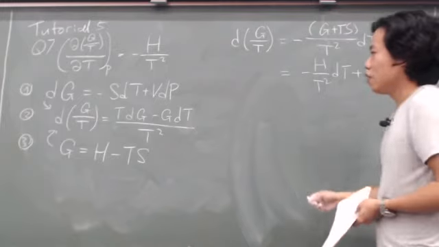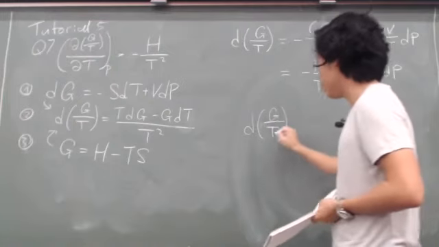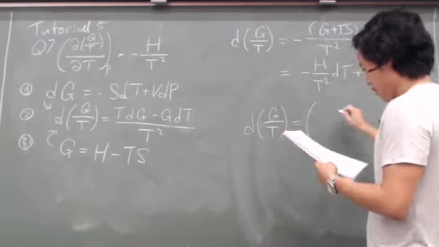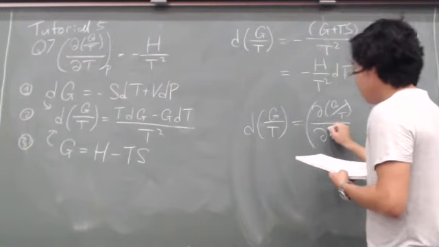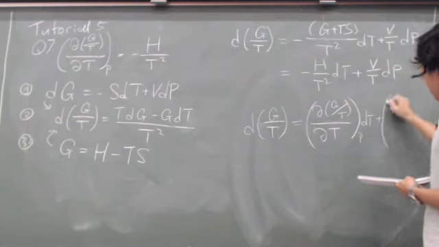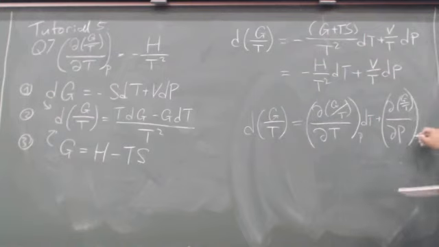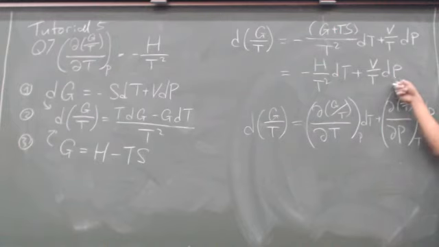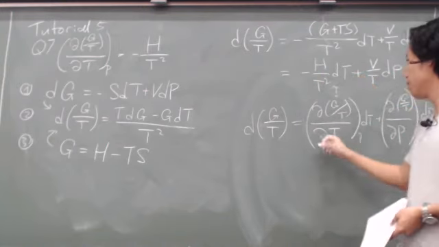Okay, and then if I again look at this as a purely mathematical expression, it's technically d(G/T) over dT holding P constant dT plus d(G/T) over dP holding T constant dP. And then you have a dT, dP, dT, dP. You just compare the coefficients. I don't care about the dP one. So the dT coefficients, you get this is equal to that, which is what we're trying to prove.